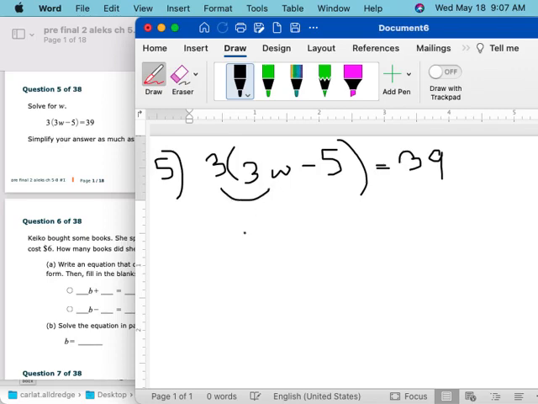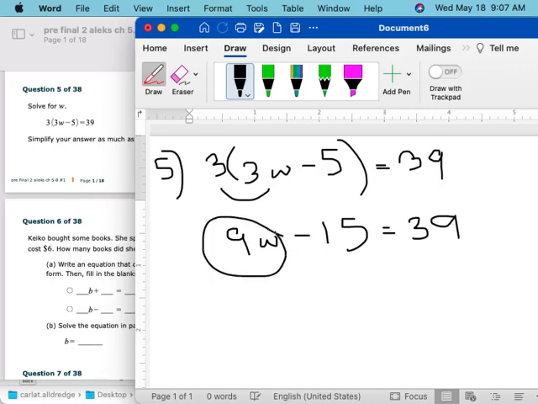3 times 3 is 9W, so because we have a W in there, minus 15 equals 39. What will we do next? Come on, guys. What will we do next? Nobody knows? We're trying to get this by itself. Divide by 9. Now, wouldn't we add 15 and add 15 to both sides?